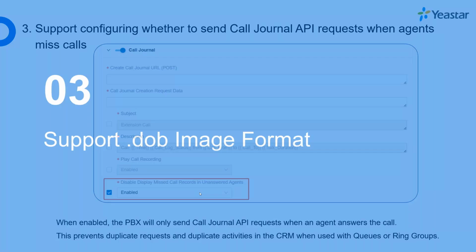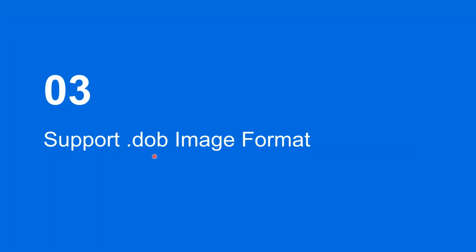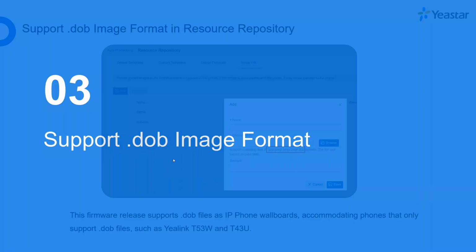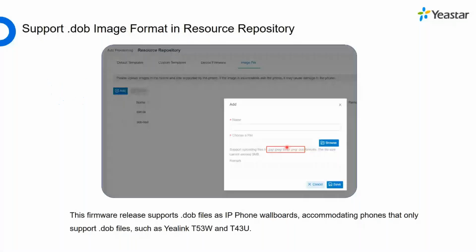Okay, let's move on to the third feature. We support .dob image firmware. Here you can see we changed the text, and previously .dob hadn't been included, but now I tested it and it worked. This firmware is supported.